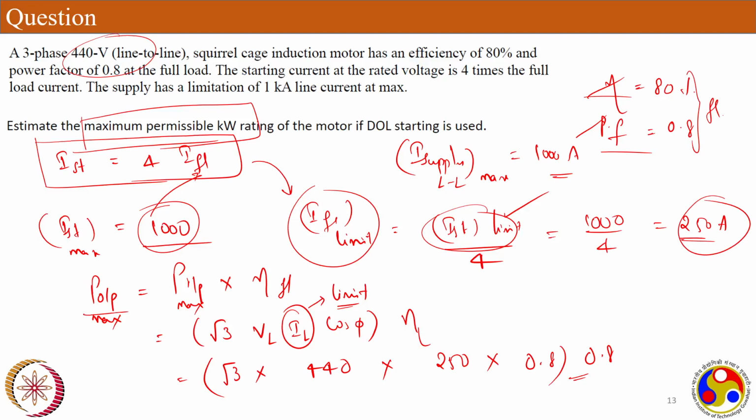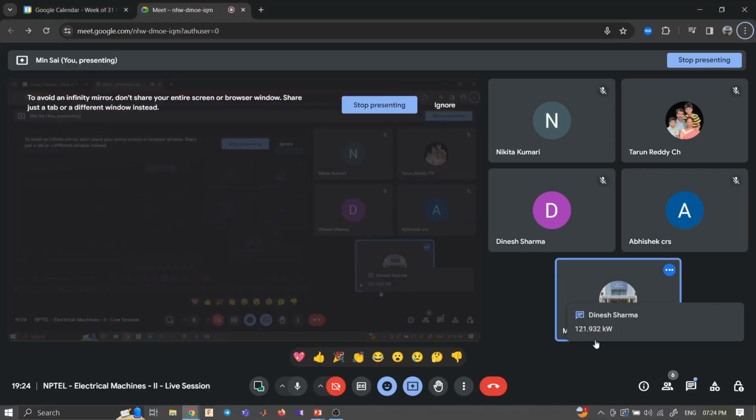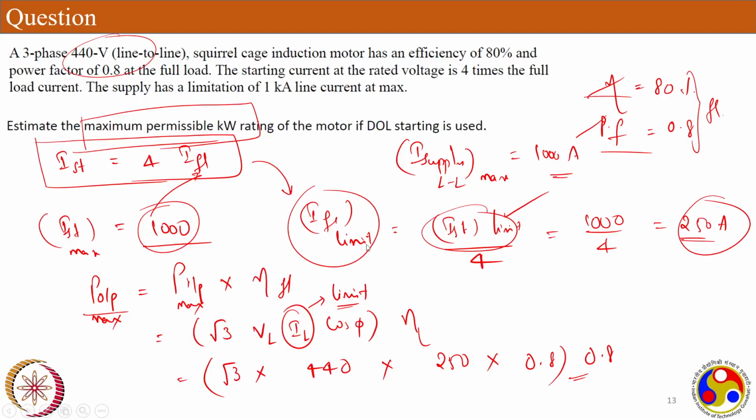How much is it? 121.932. Okay, let me also calculate. 1.732 multiplied by 440 by 250 and so on. Yeah, 121.932 exactly.